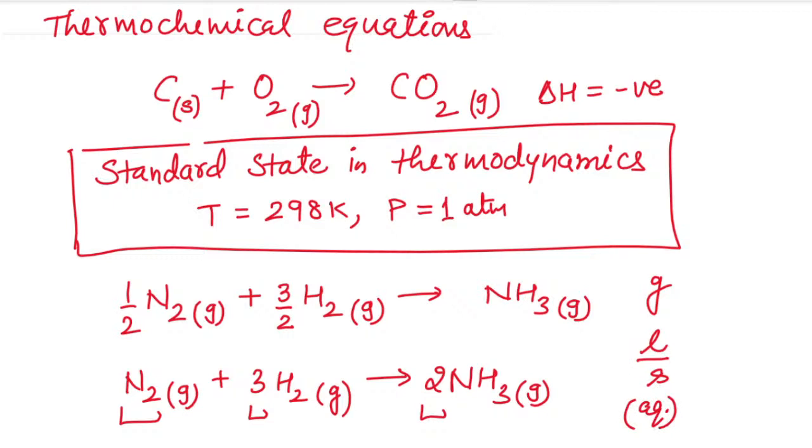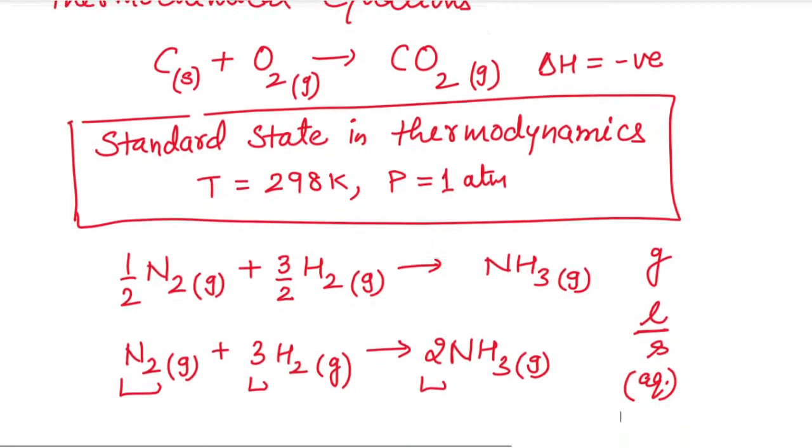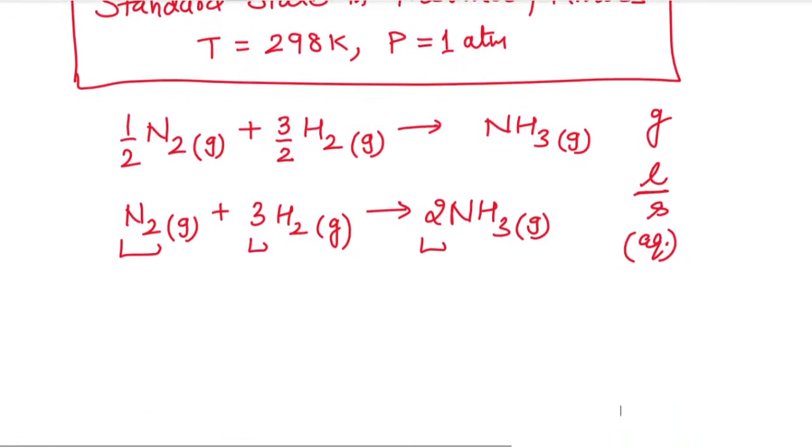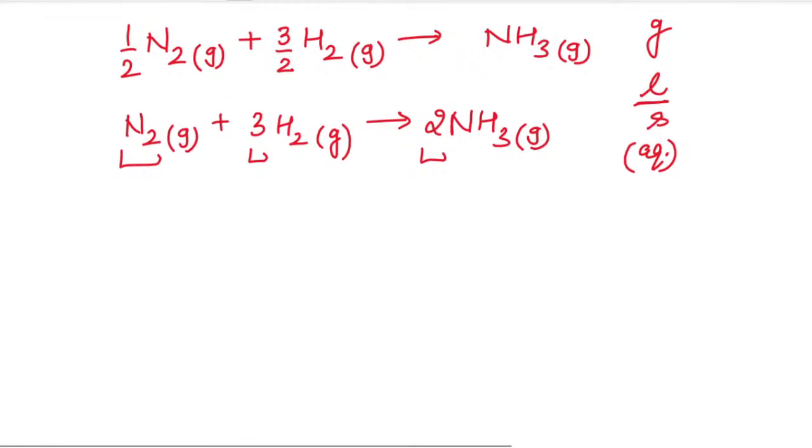L is used for pure liquid. If there is a large excess of water in which the substance is dissolved, we write AQ, that is the aqueous solution. The physical state should be mentioned because in different physical states the enthalpy change is different.